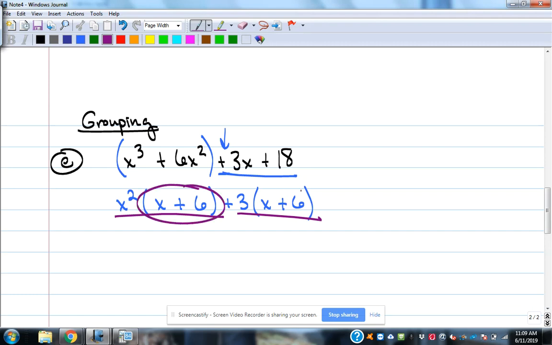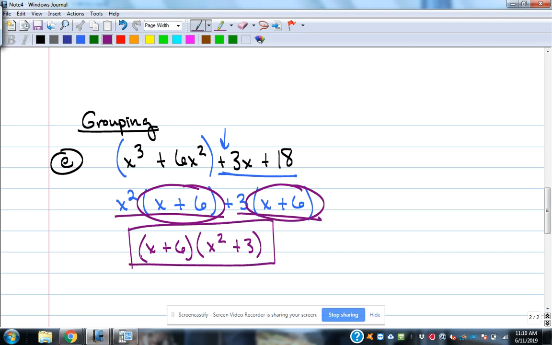So technically, that x plus 6 is the GCF of those 2. And then what times x plus 6 would get me all of this junk? An x squared. What times x plus 6 would get me all of this junk? A plus 3.